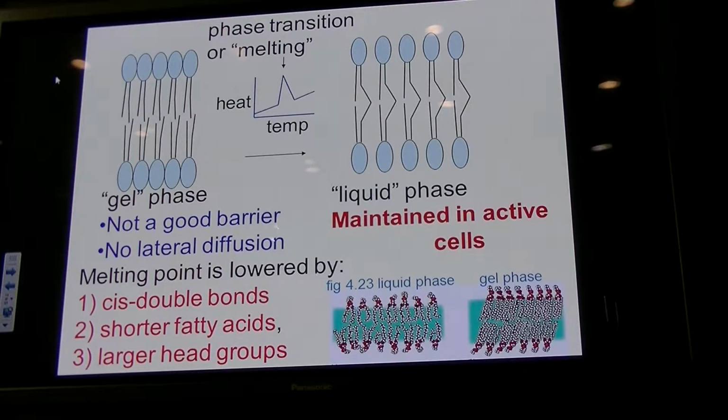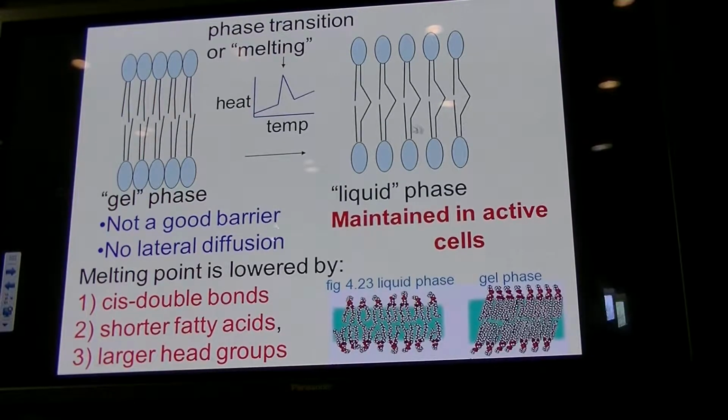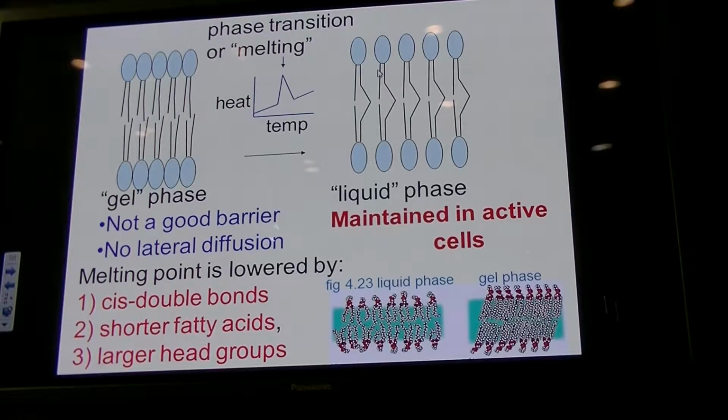So the way this is depicted is we say the lipids are in this liquid phase. What this really means is that the van der Waals interactions between the fatty acid tails of the separate lipids are weak. There's distance between the fatty acids of the individual phospholipids.